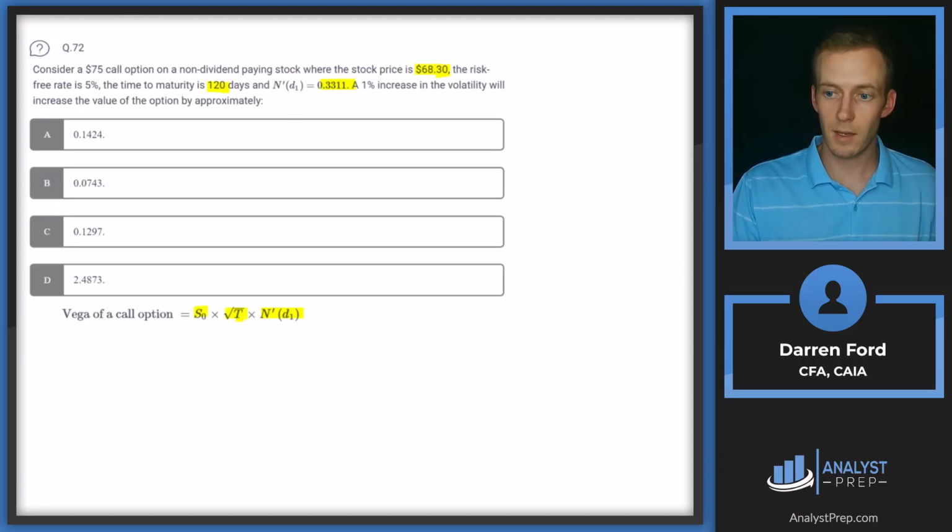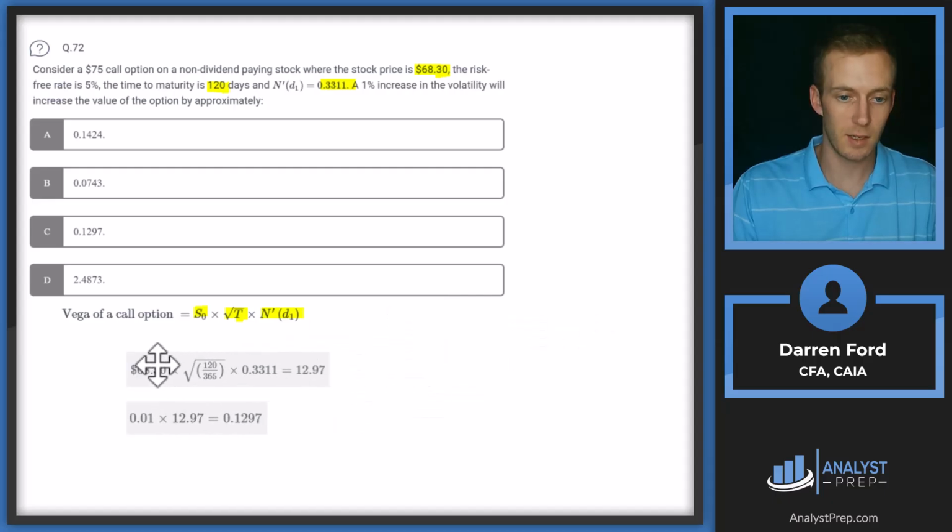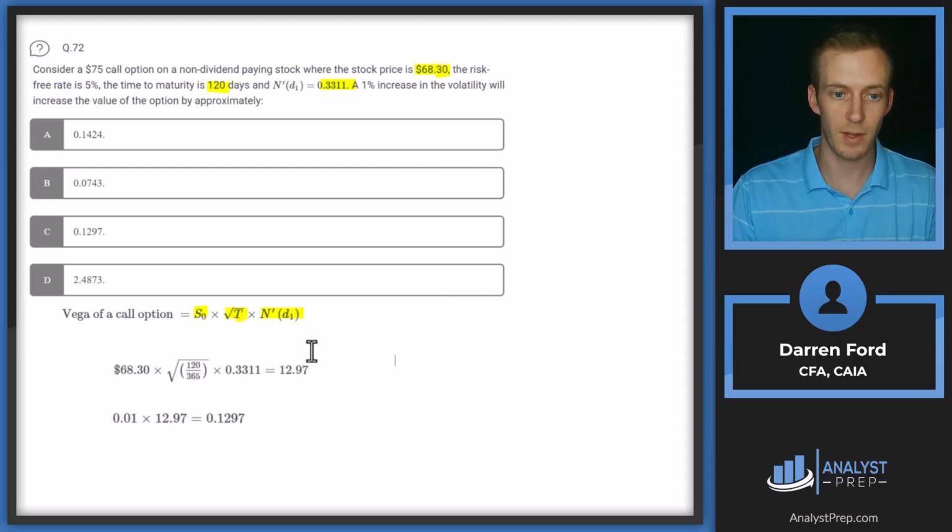When we pull that in, we can see what we get there. So we get 12.97. Then we're going to multiply that 12.97 by a 1% increase in volatility, or 0.01, and we see that gets us 0.1297, which aligns with answer C.